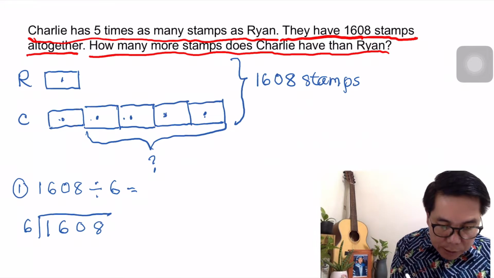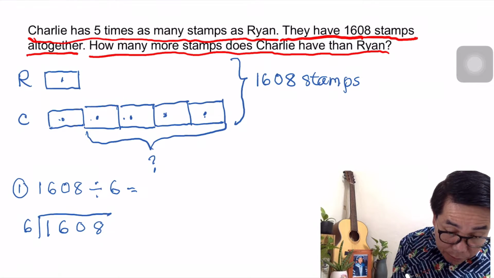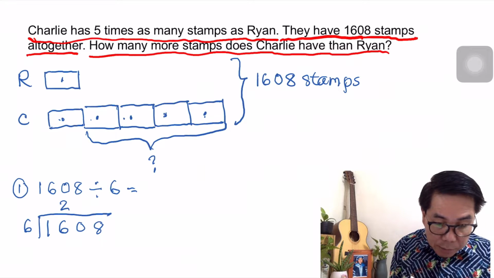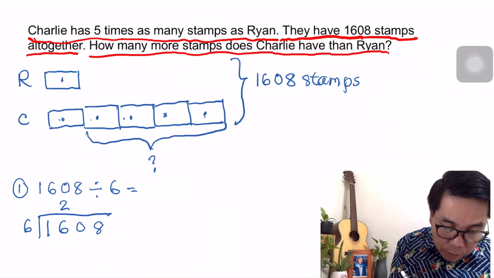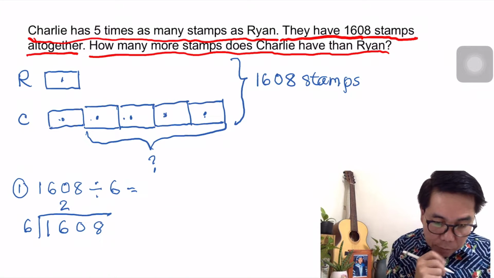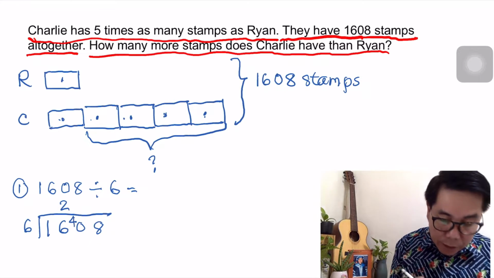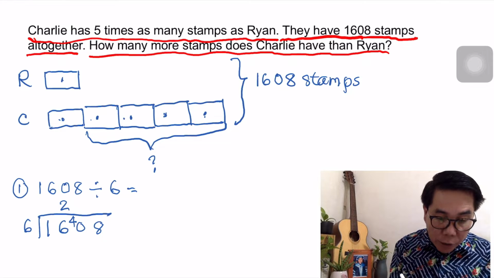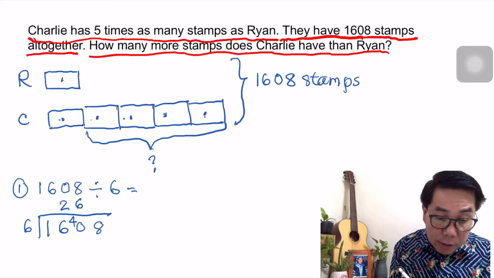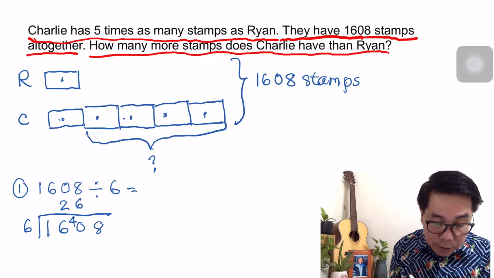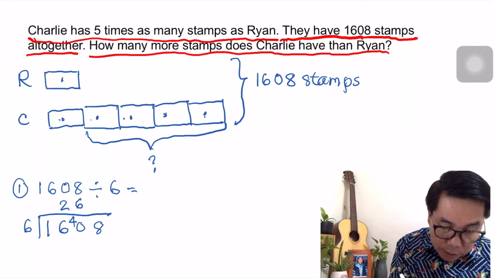So 16 divided by 6 is 2. 2 times 6 is 12. 16 minus 12 is 4. And then we have 40 there. 40 divided by 6 is 6. 6 times 6 is 36. 40 minus 36 is 4.